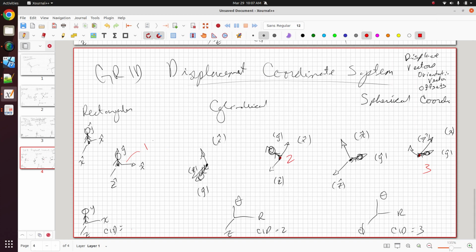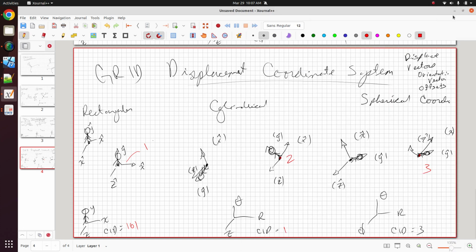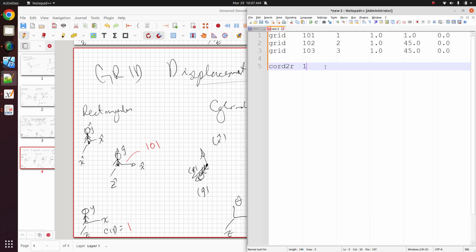So at the bottom left, this is coordinate system 101, coordinate system 102, and let me make sure I'm doing this accurately. Oh no, this is still coordinate system 1, coordinate system 2. This is point 101, point 102, and then point 103. And so that's where we're at here.